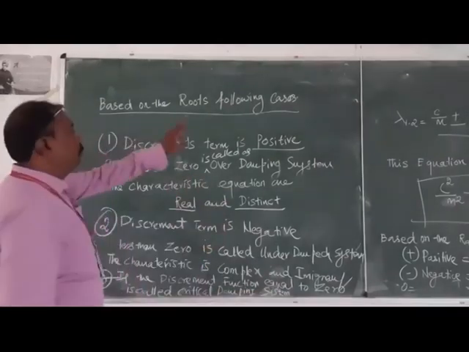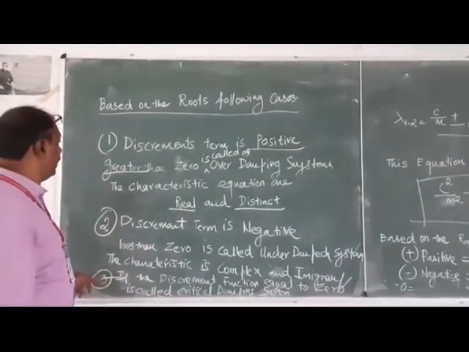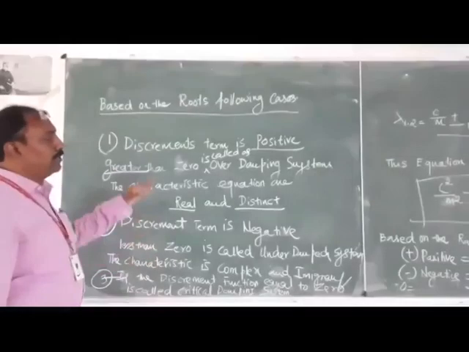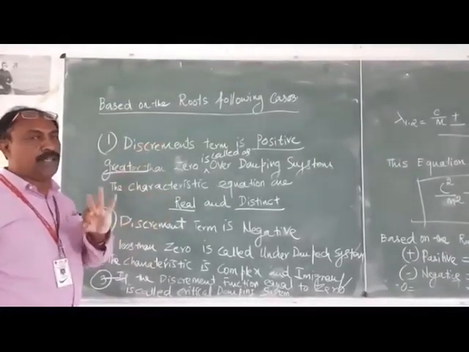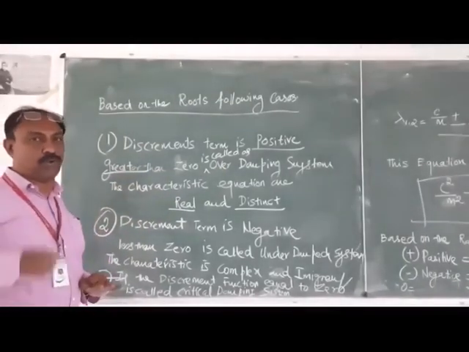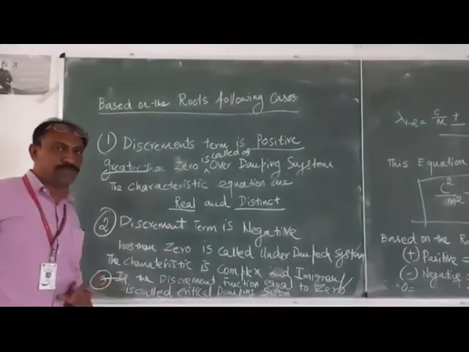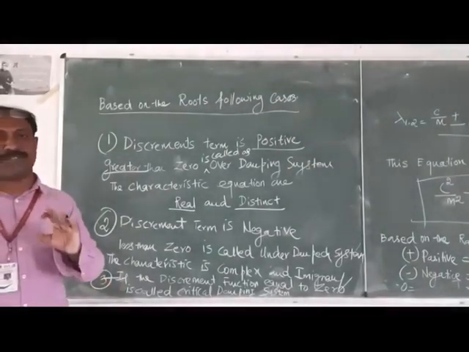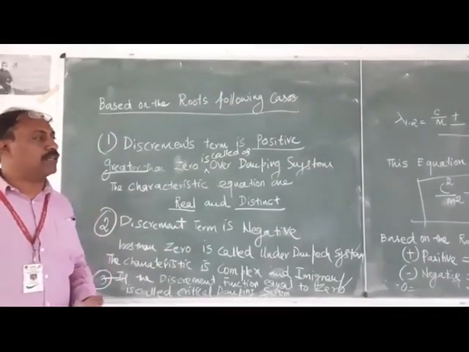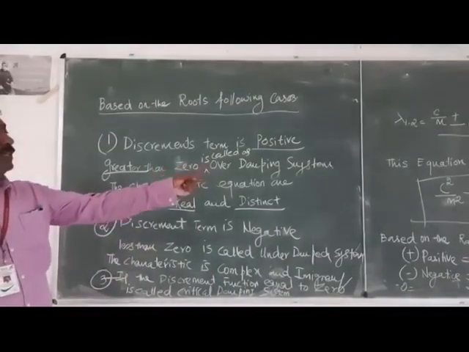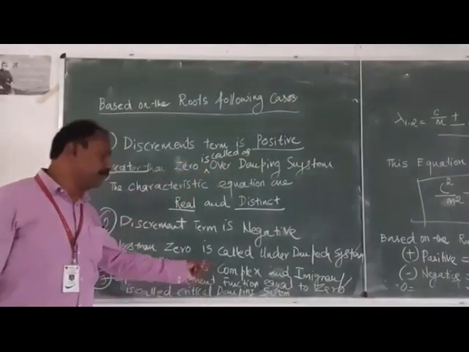Based on the roots, we already discussed the following cases, but I have to remind you again, because free vibration with damping has three characteristics: one is overdamping, another is underdamping, and another one is the critical damping system. In these systems we can classify by definitions. If the discriminant function is equal to 0, it is called critical damping.